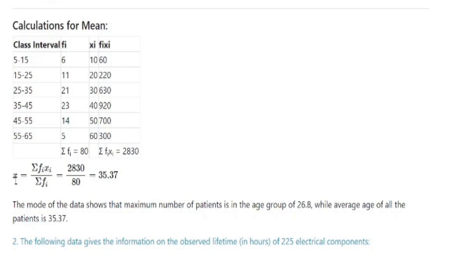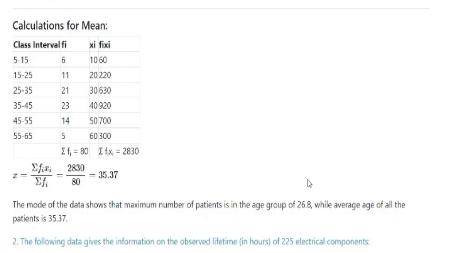Now apply the formula: x bar equal to sigma fi xi divided by sigma fi, that is 2830 divided by 80, equal to 35.37. So the mean equals 35.37.